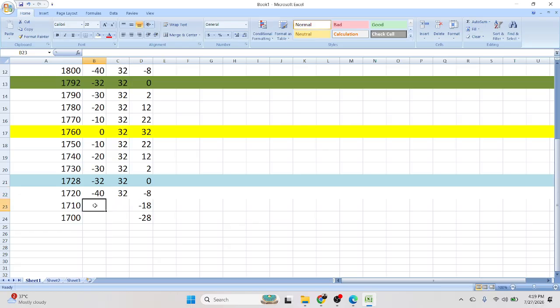Here would be the loss of 50 points, and we have received the premium of 32. So the loss would be 18 points. Here would be the loss of 60 points, and we have received the premium of 32. So it will only protect you up to 32 points. So whatever the intrinsic value, if you minus this 32, the combined premium, the total loss would be like this.